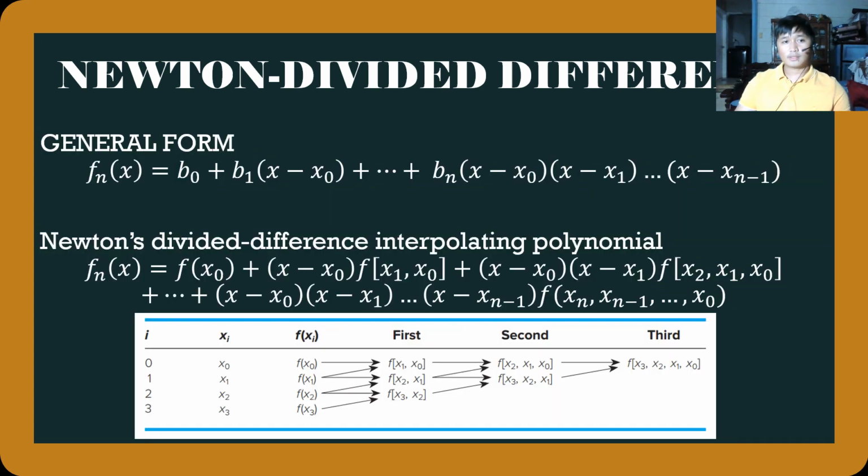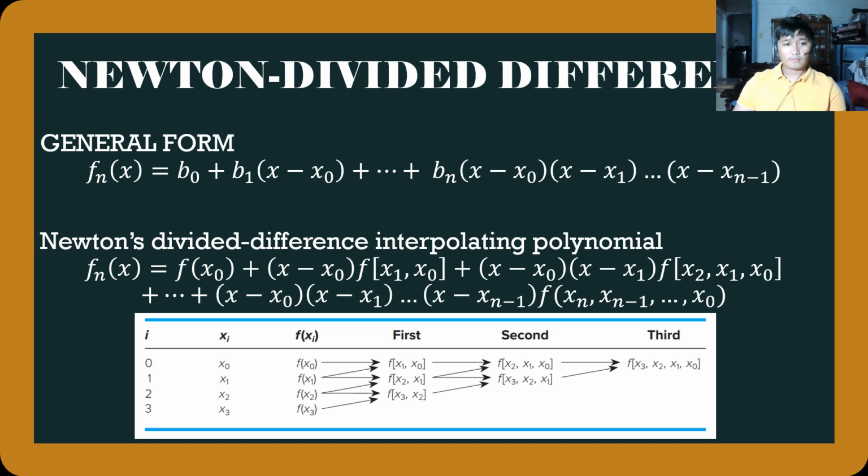Okay, next is the general form. Actually this is the general form of interpolation, and this is the general form of Newton's divided difference. This is called the Newton's divided difference interpolating polynomials. It works like this.